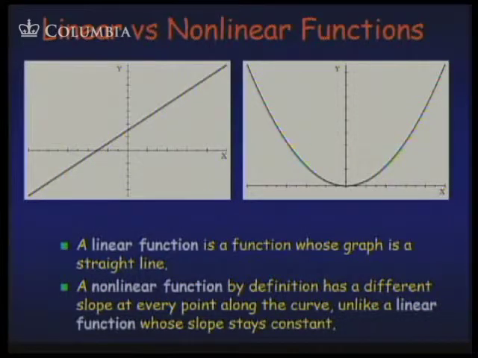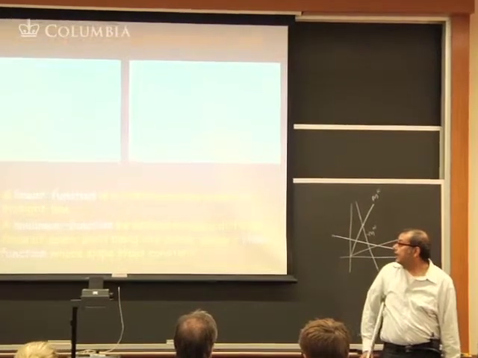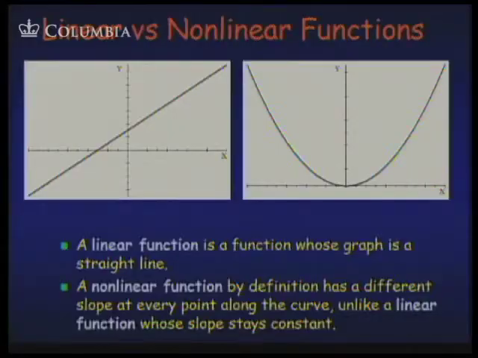We use the concept of slope to define linear functions as opposed to nonlinear functions. Any function that has a constant slope is a linear function. Any function whose slope changes for different values of x is a nonlinear function.